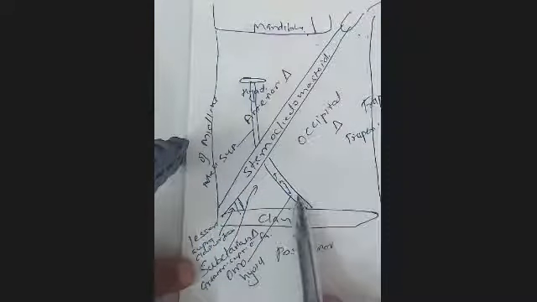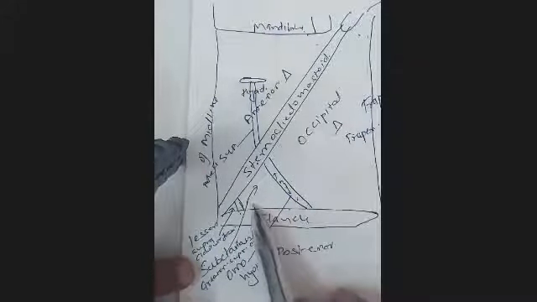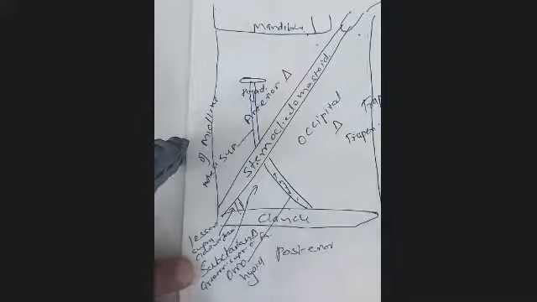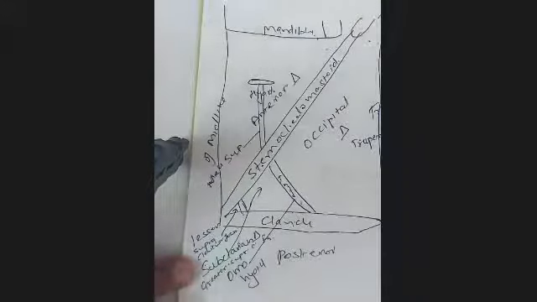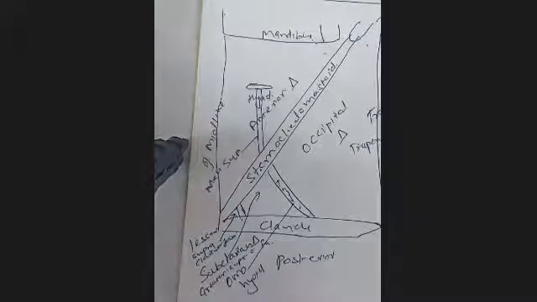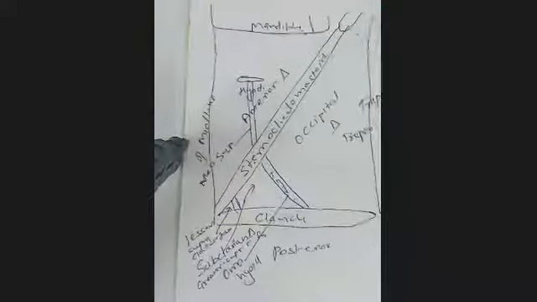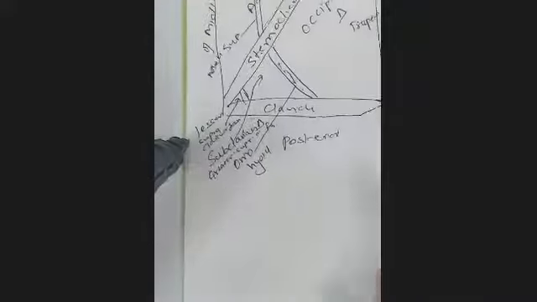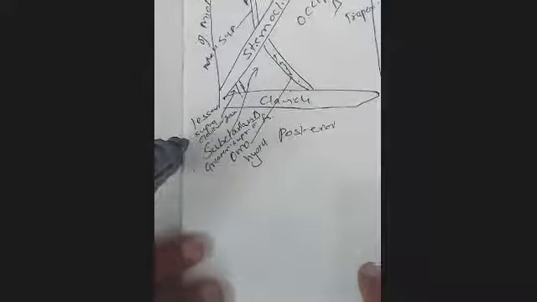And omohyoid divides this quadrangle into occipital triangle and subclavian triangle. Now let us study which structures form the roof and which structures form the floor of the posterior triangle.